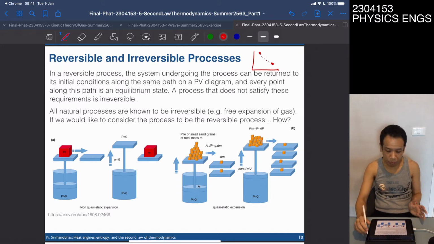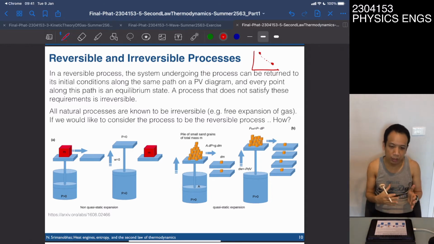For example, you compress it quickly. When you do it quickly, at each step you cannot really measure the macroscopic properties of your gas system.